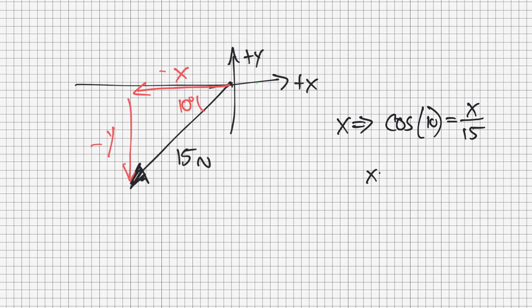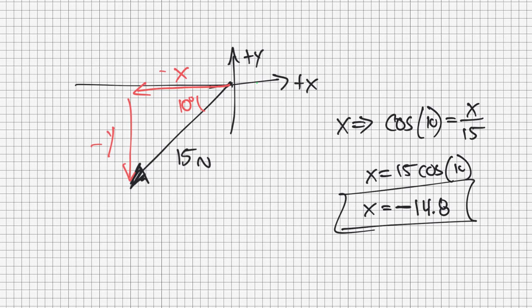That becomes X equals 15 times the cosine of 10, which gives a value of 14.7 or 14.8. I add the negative in there because I know it's in the negative direction.